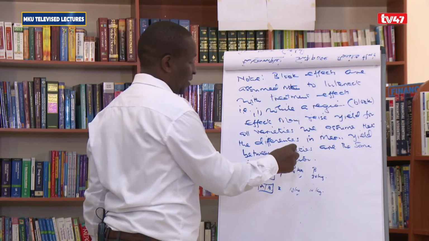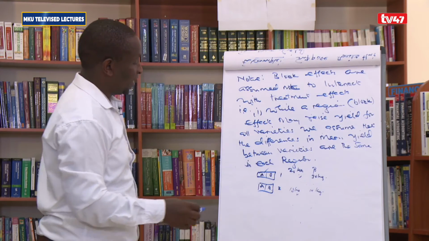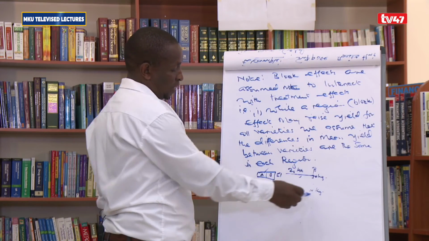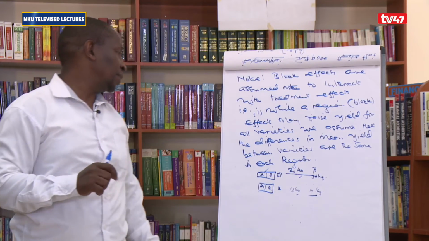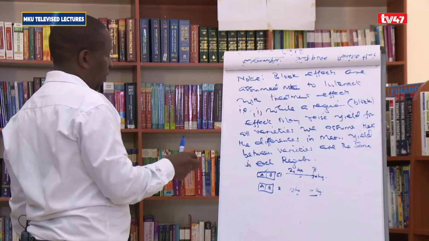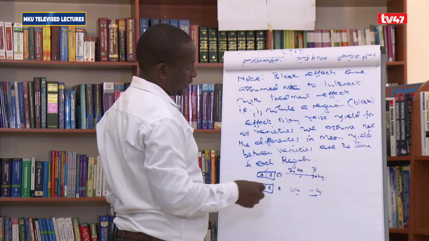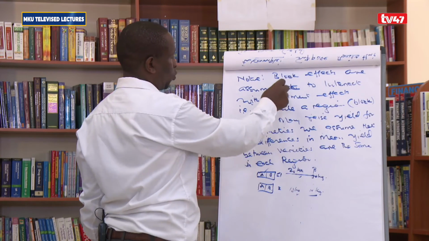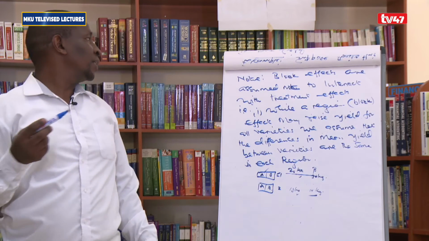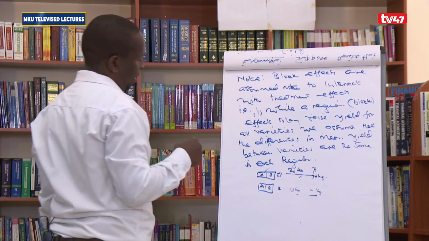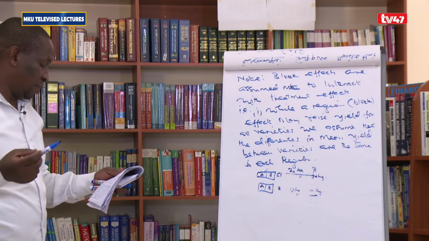So we can clearly see that the effect of the block here has doubled, and here the effects have been halved, so that we are only comparing the effect of the treatments and not the blocks. That is why we have noted that block effects are assumed not to interact with the treatment effects. The blocks are independent of the treatment effects.